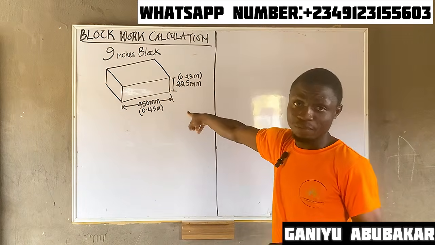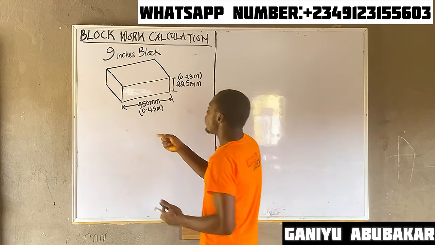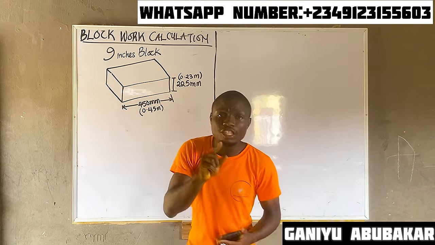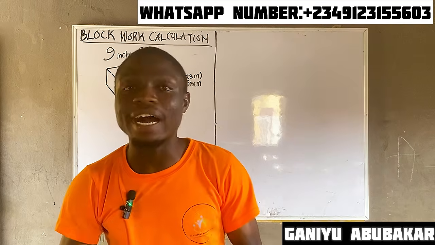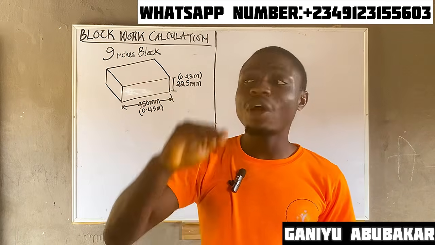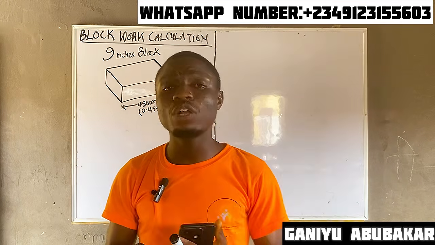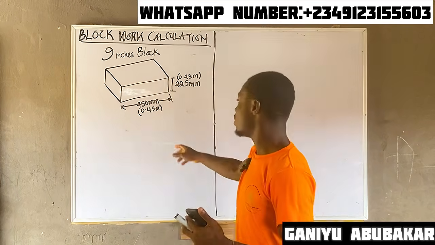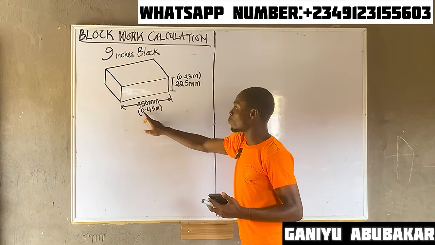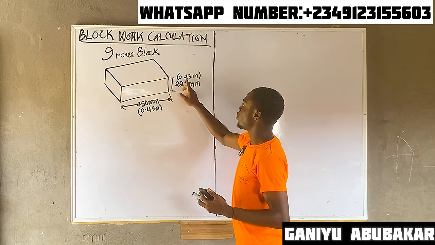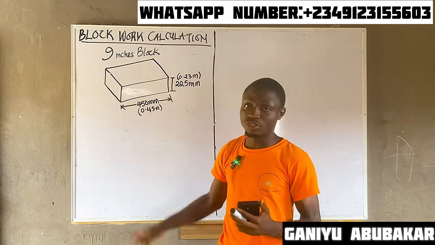And if you observe very well, when I wrote 450 millimeters, I converted it to meters. In engineering, we deal with meters, so anything you are given, always convert to meters. So I converted 450 millimeters to 0.45 meters, and 225 millimeters to 0.23 meters approximately. So this is what we have here.